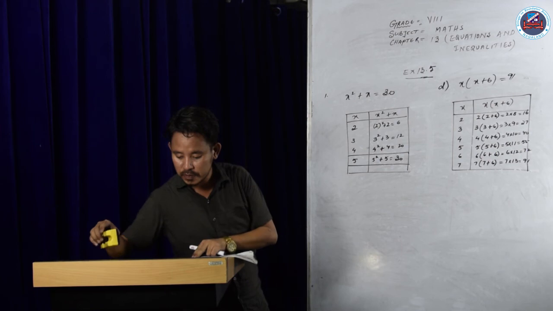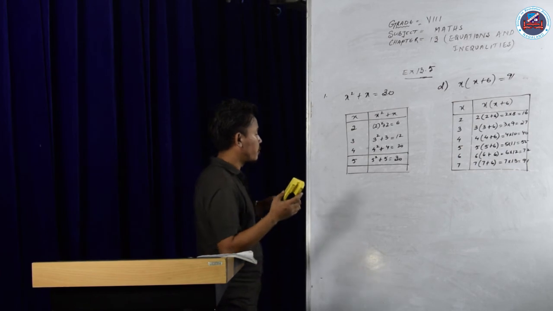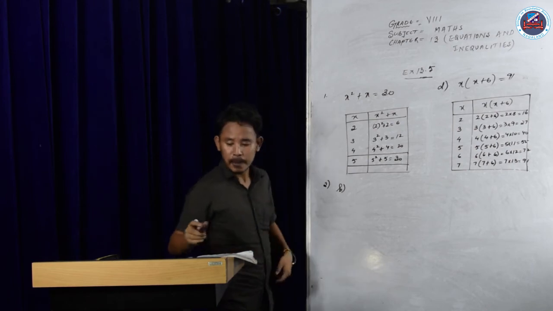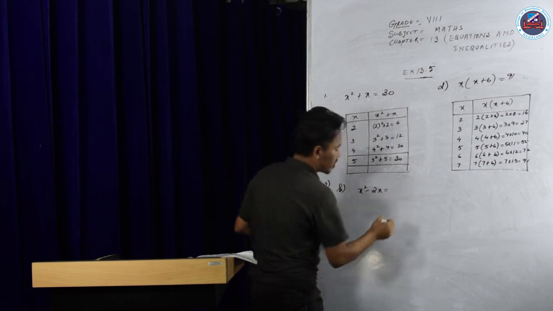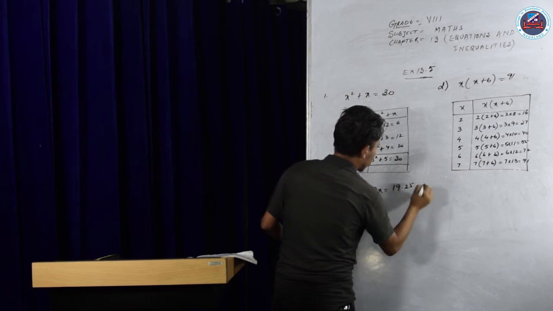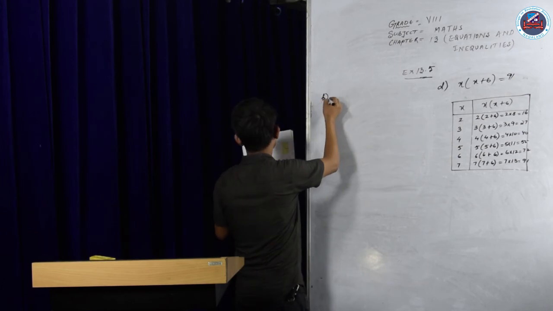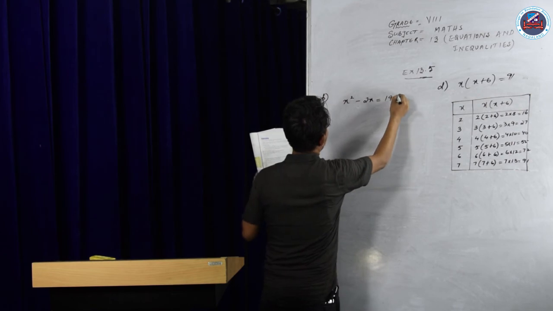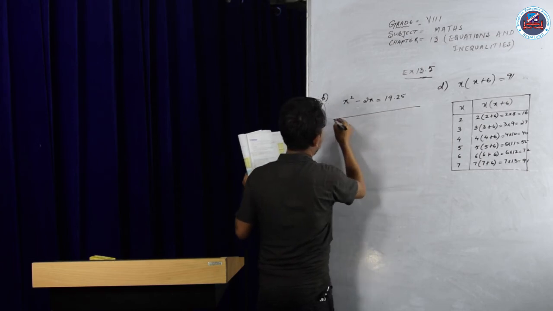So from question number 2, I'll do B. That is x squared minus 2x equals 19.25. x squared minus 2x equals 19.25, right? So here again the same thing.